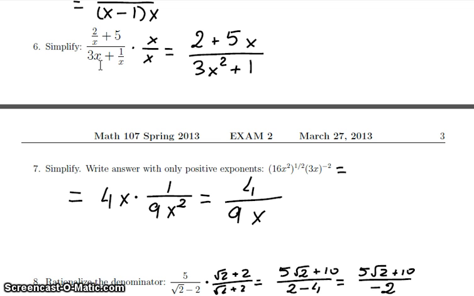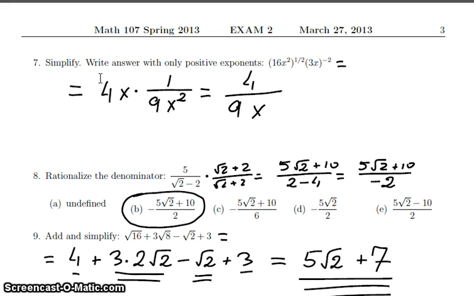And the denominator, 3x times x, is 3x squared, plus 1 over x times x gives you 1. Another way to do it would be to combine the numerator, combine the denominator, and then divide the numerator by the denominator by reciprocating the denominator and multiplying.